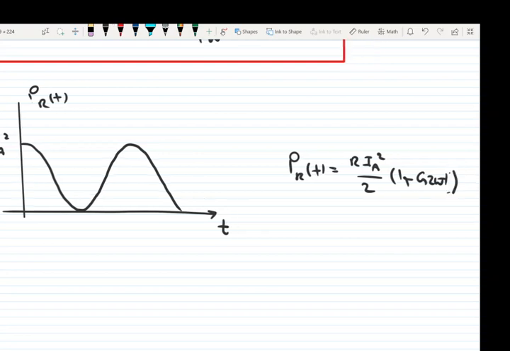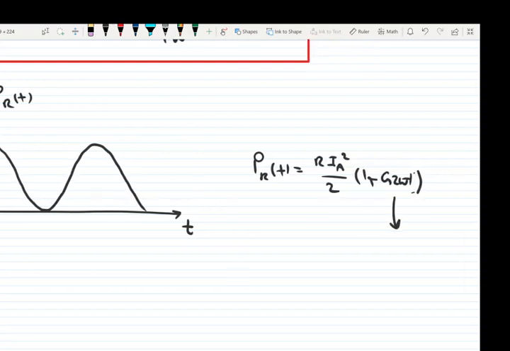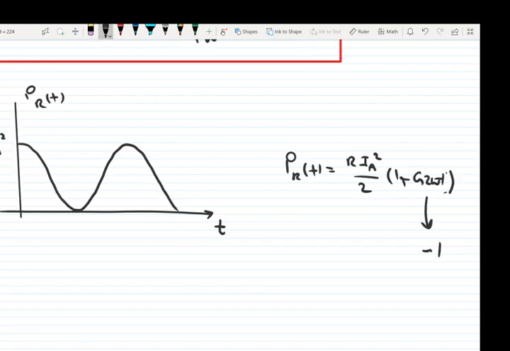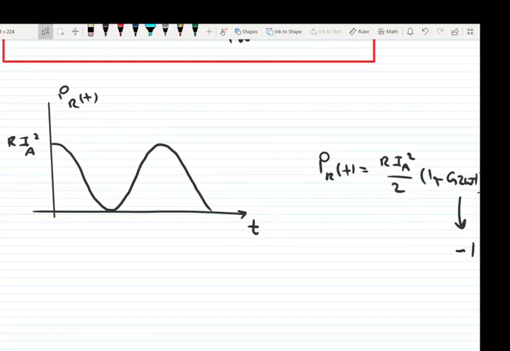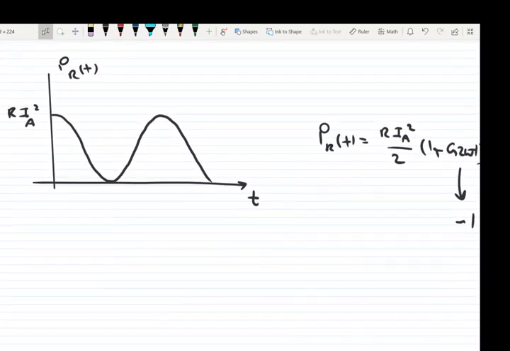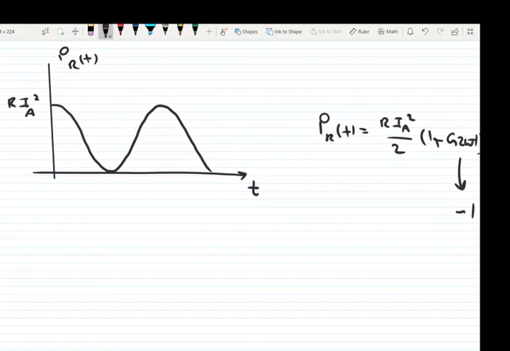What is the minimum? The minimum happens when cosine of 2 omega t is minimized, which is -1. So it is equal to 0, as you see. So this is the power. Let's show the energy.